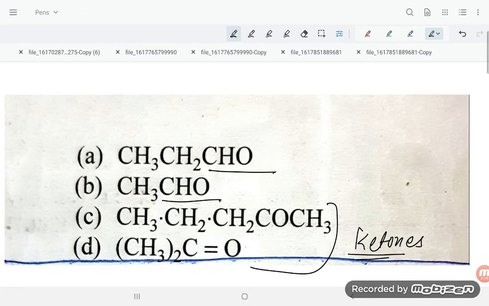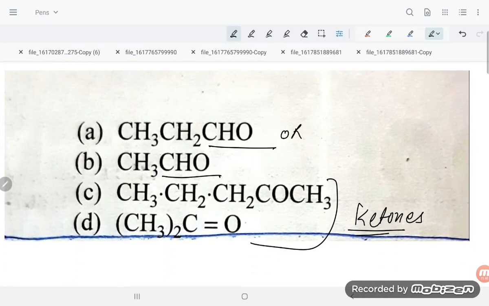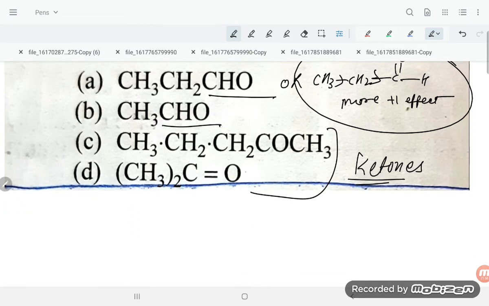The less the positive inductive effect, the more the nucleophilic addition. See, students, here the ethyl group is there. In this structure, this is CH3, this is CH2, this is C double bond O and H. This has the more plus I effect, so this is not possible.